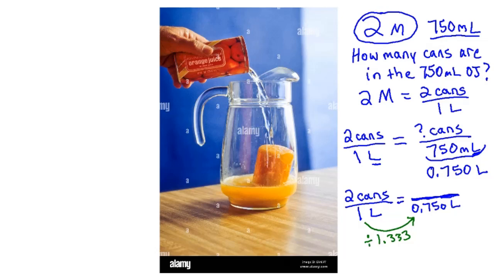So if you divide 1 by 1.333, you're going to get 0.750. So we can take that same divisor and apply it to these 2 cans up here. We can divide these 2 cans by 1.333, and 2 divided by 1.333 is 1.5 cans.